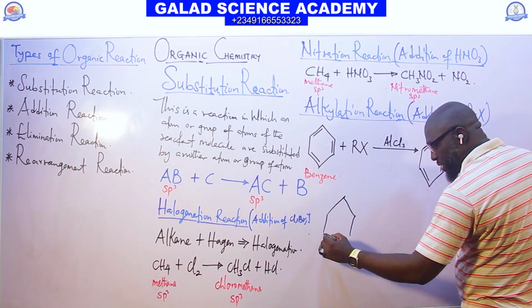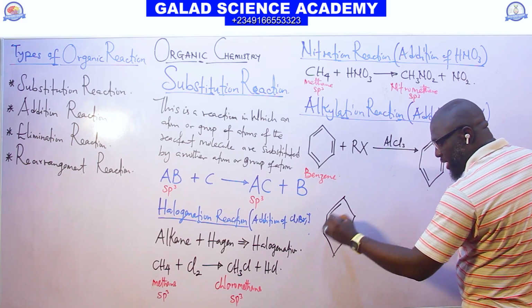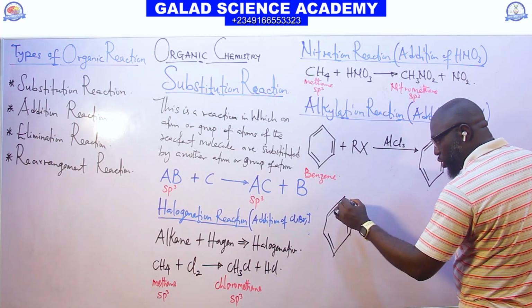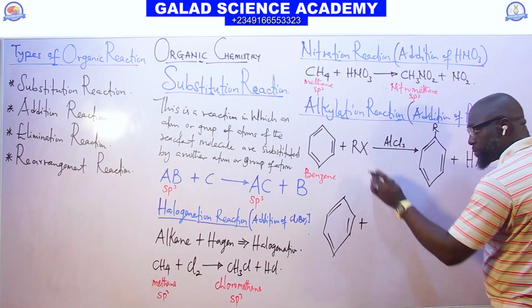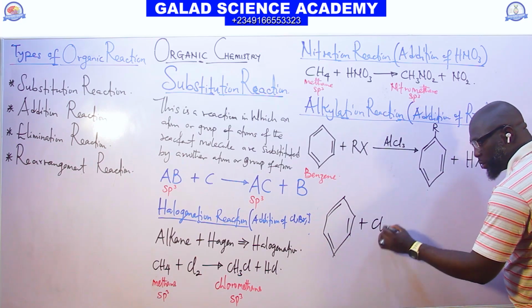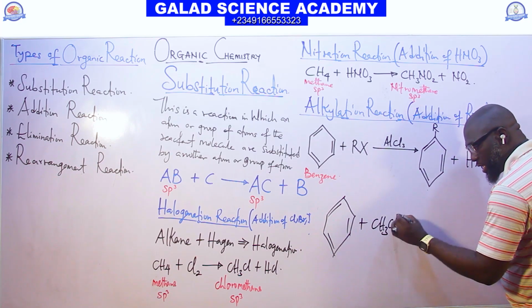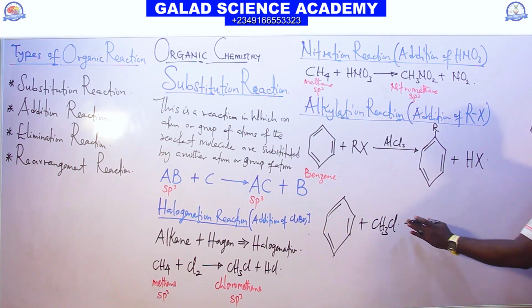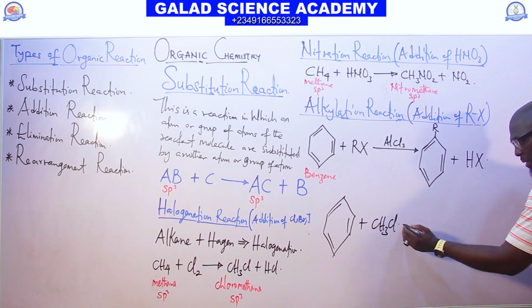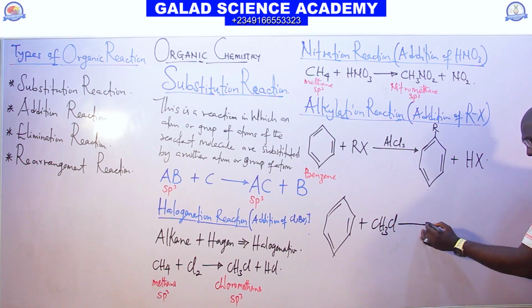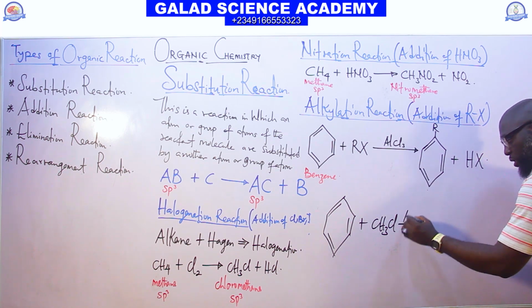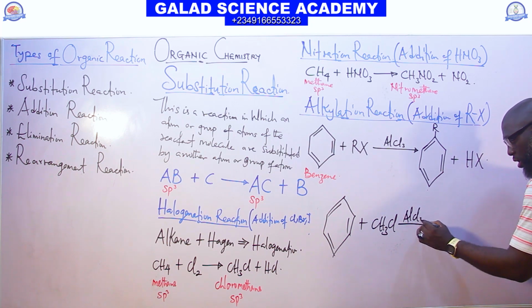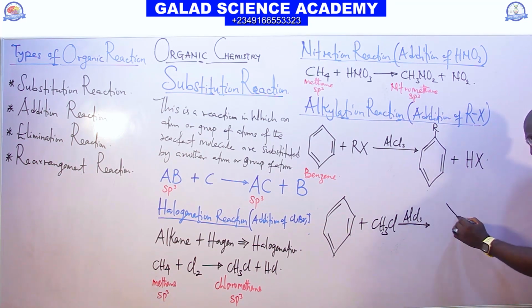If it's benzene, the benzene ring is this structure, and we have alkyl halide. Let me use methyl chloride, with aluminium chloride as Lewis acid.